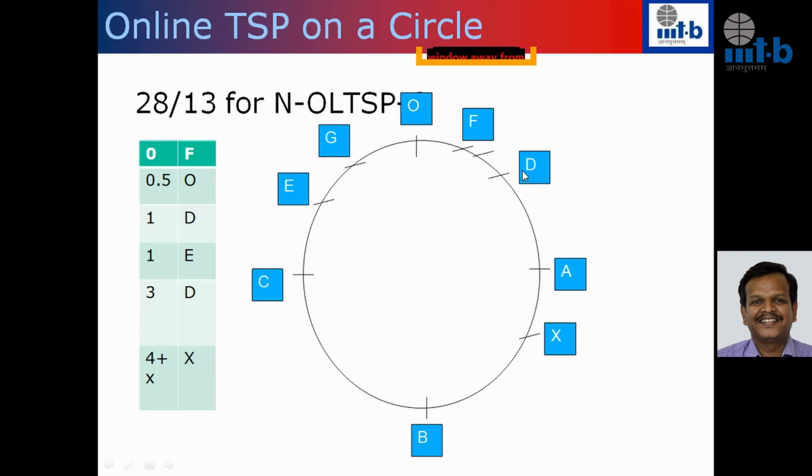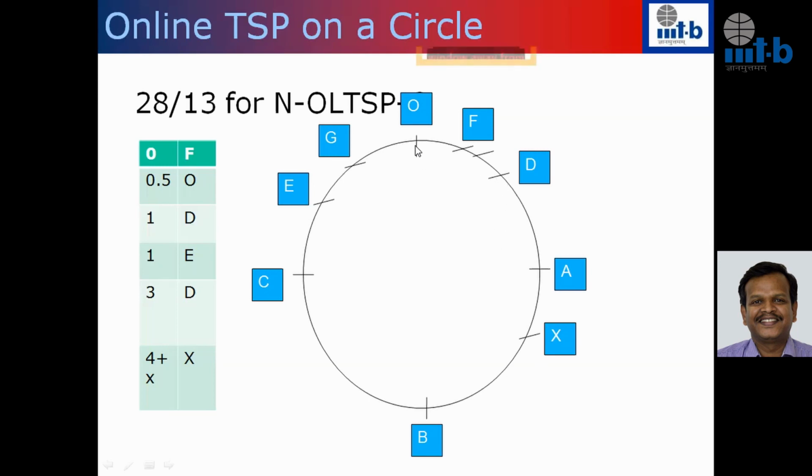At time 2, after it finishes serving D, there is nothing else, so it has to make effort to serve the request E. It will start moving towards the origin because that is the shortest way to reach E, right? If it tries to go further in the clockwise direction, then the algorithm is anyway too bad.